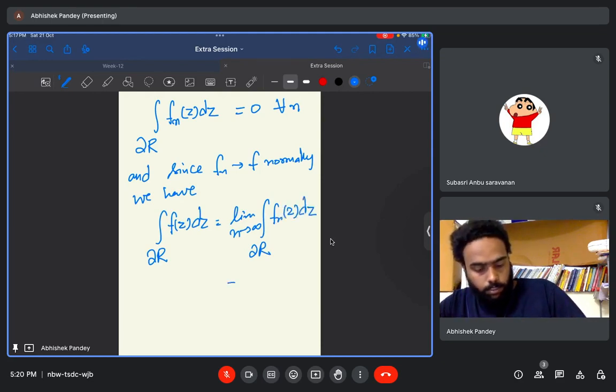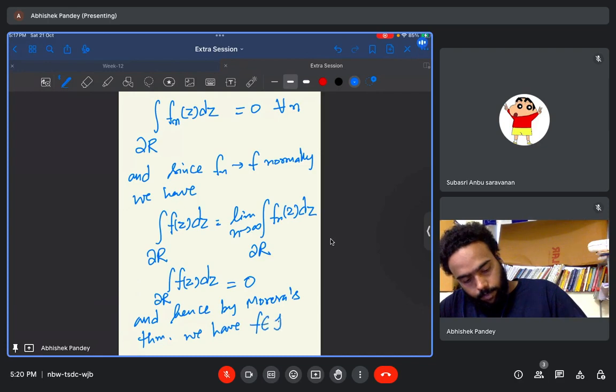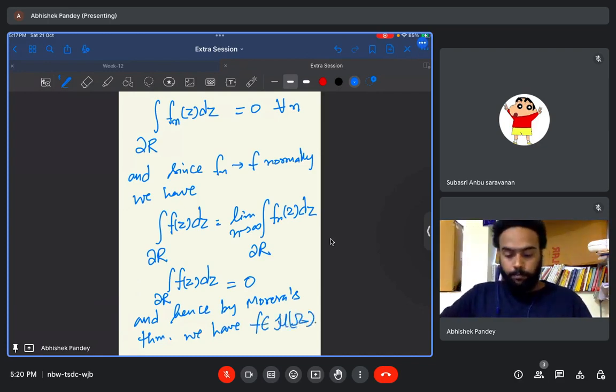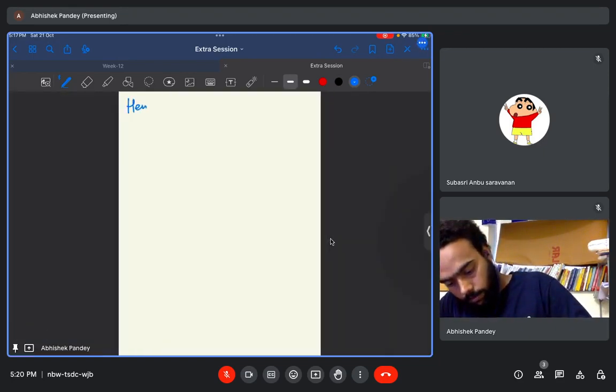So this is 0, and hence by Morera's theorem, f belongs to H(omega). So H(omega) is closed in C(omega).